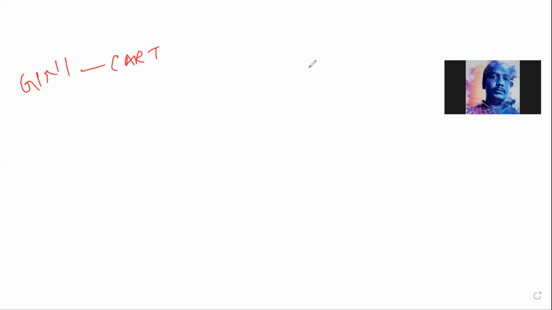Binary tree ki apply chestam madam, GINI index. Yes, very good. In GINI index, we generate only binary trees, that means only one split, and at every stage we generate only 2 partitions.